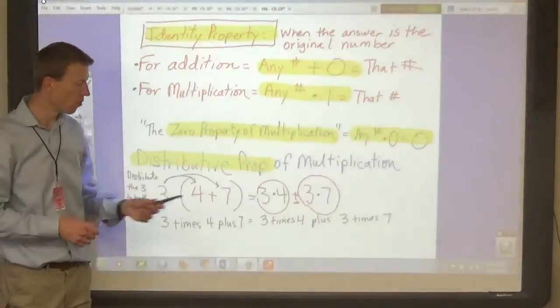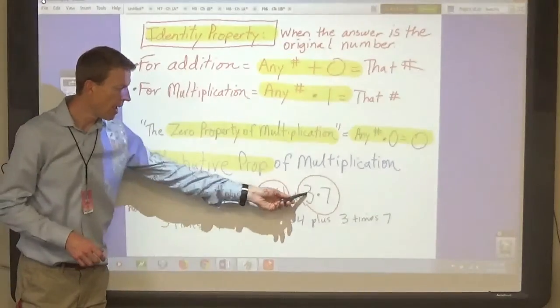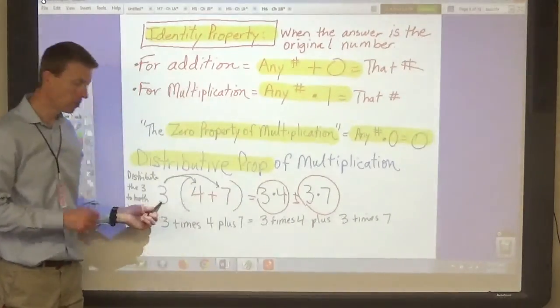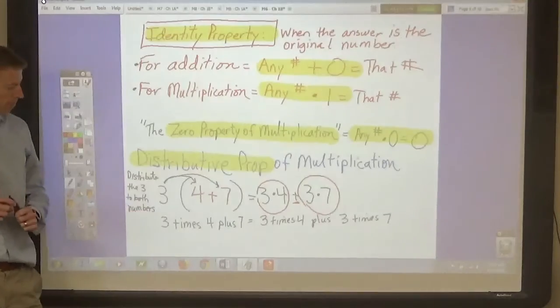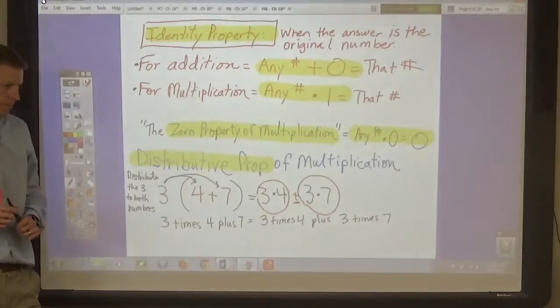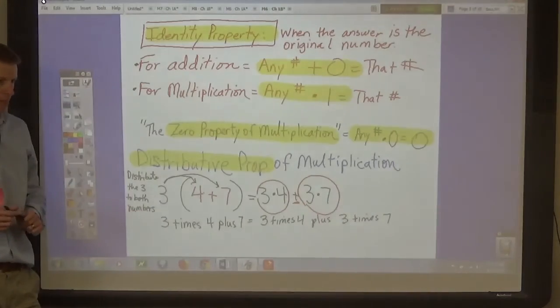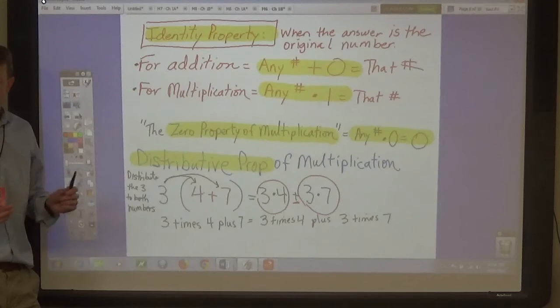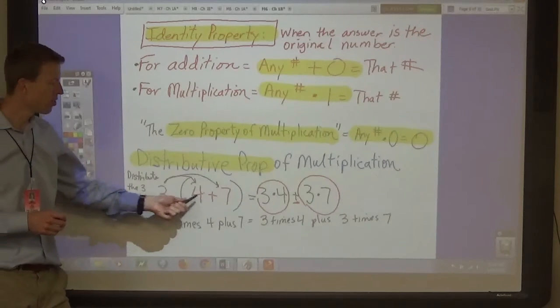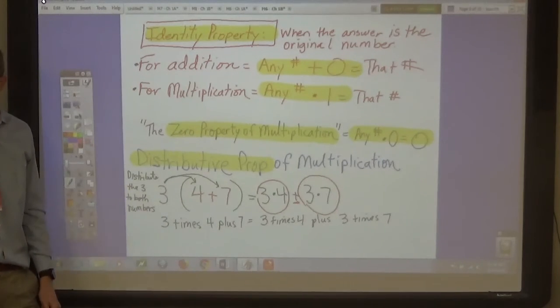You can reverse the order and add them first and then multiply. Okay? You can multiply first and then add, or you can add first and then multiply. So it involves multiplication and addition when you're looking for the distributive property. Okay?